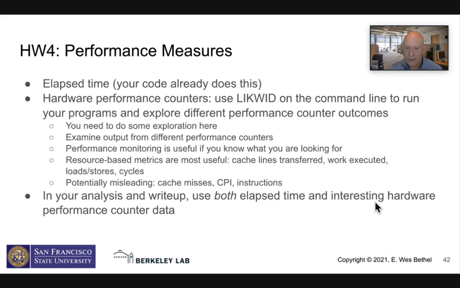I gave you a thought process from homework 1, and you can morph that into a thought process for homework 2 about what's your hypothesis for the performance characteristics that you see, and how are you going to verify and validate it. In your analysis and write-up, you're going to use both the elapsed time and interesting hardware performance counter data.